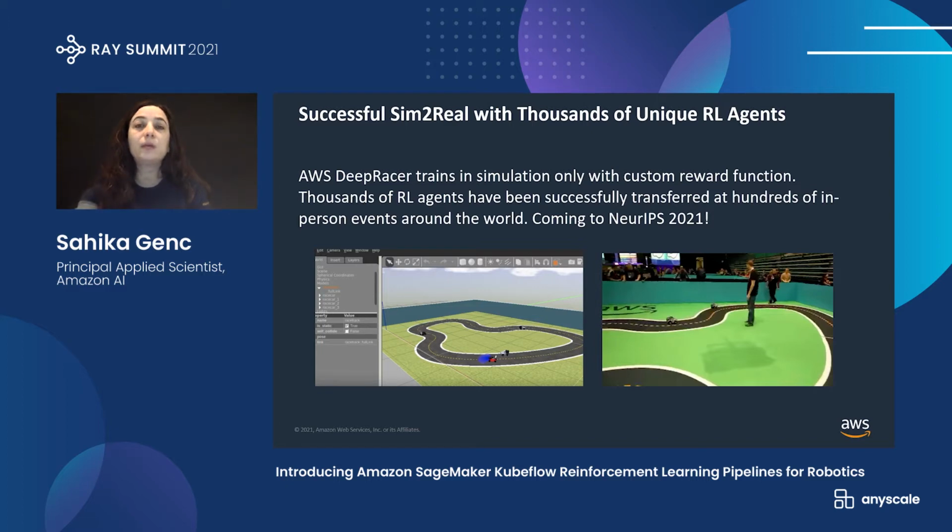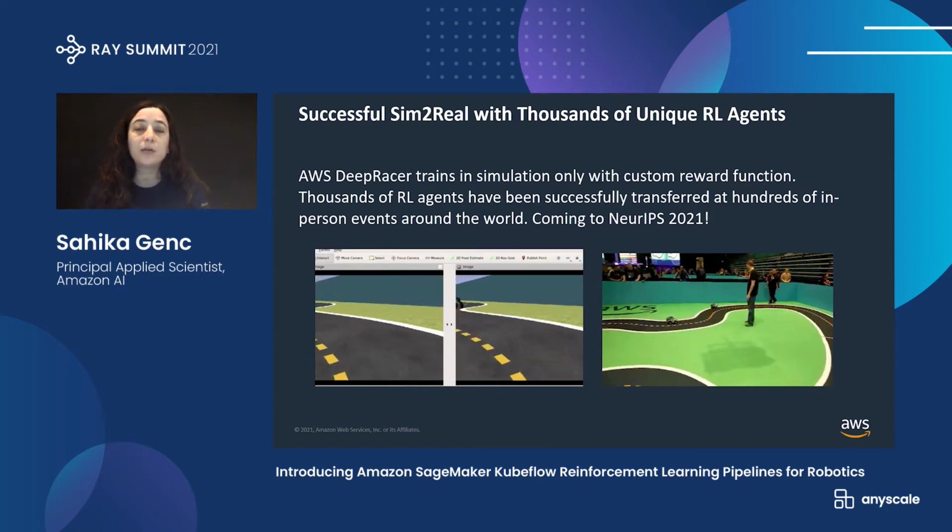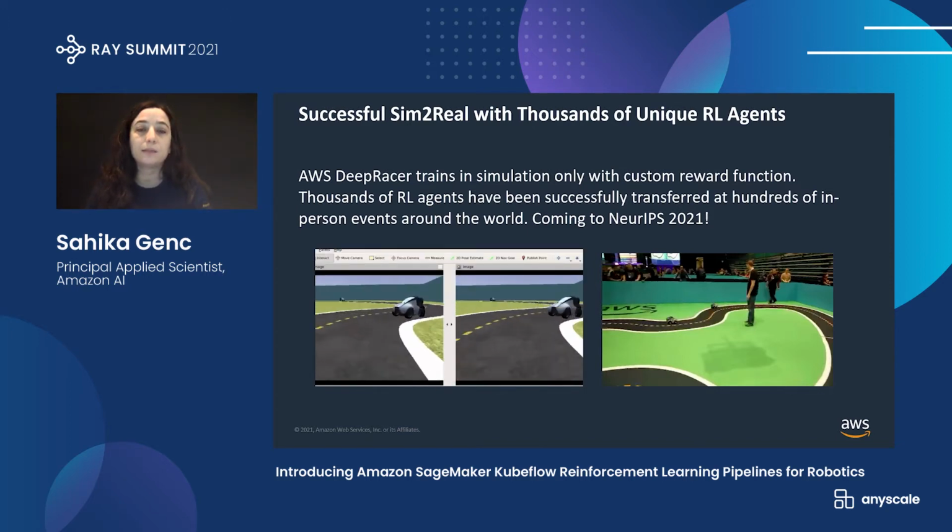They've been able to train thousands of unique RL agents with different reward functions and successfully transfer these to our robocar. Let's take a look at a few videos from our events.